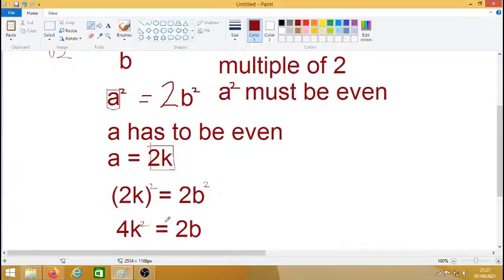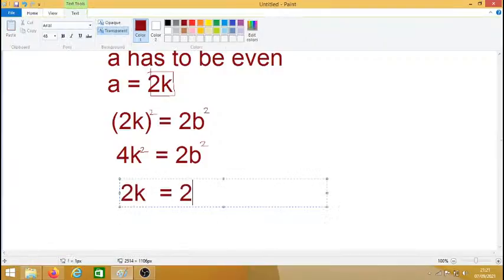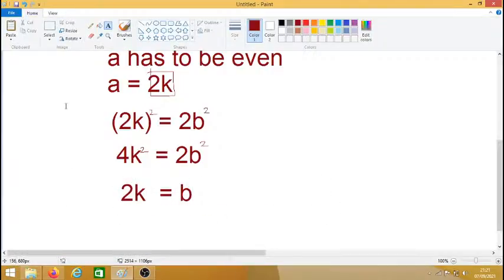Both sides look like they can be halved. So you've got a 4 here and a 2 here. If I divide by 2 on both sides, I'm going to be left with 2k squared equals b squared. And what does that tell me?